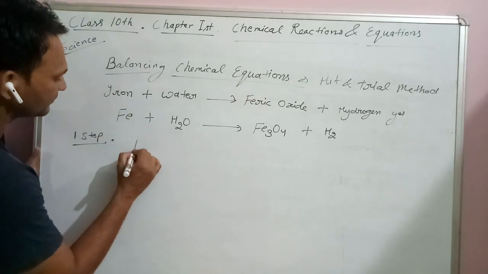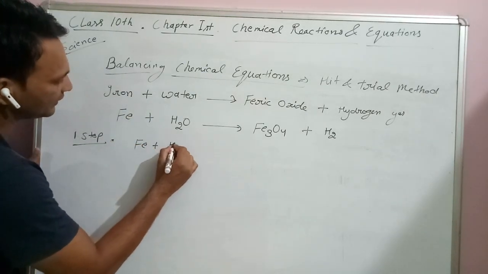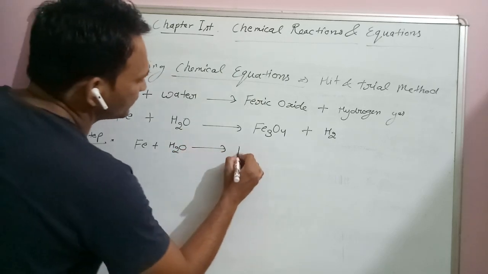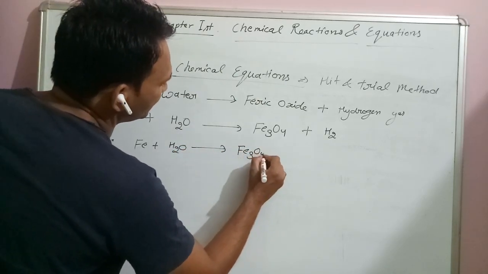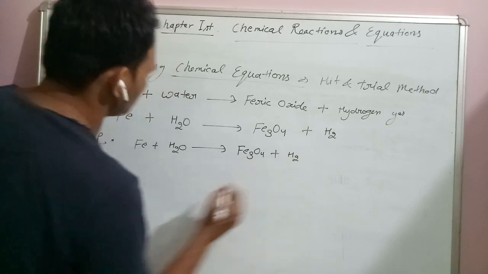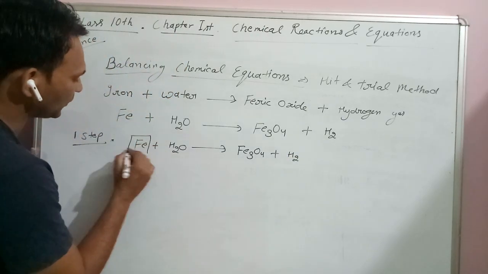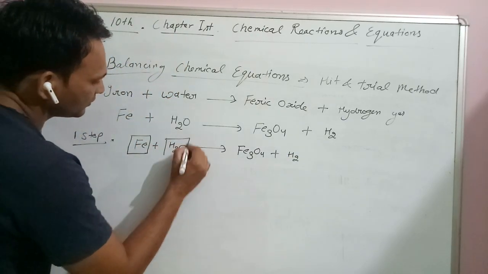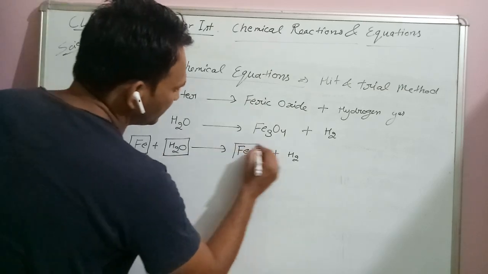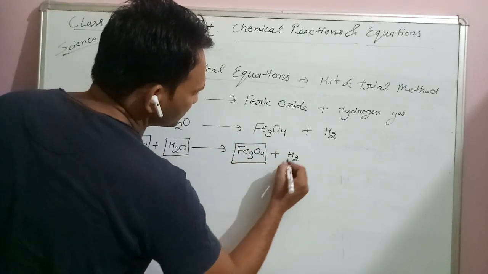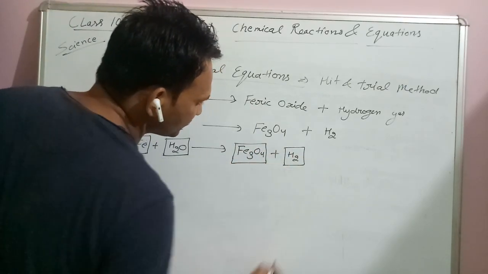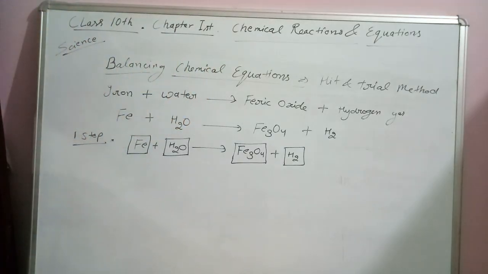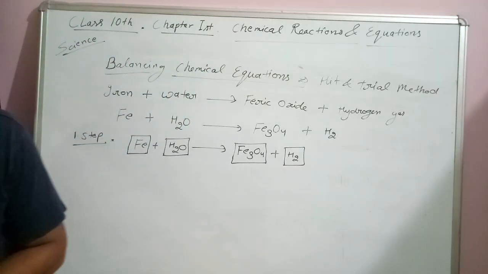The reaction is Fe plus H2O gives Fe3O4 plus H2. So we draw the boxes over each formula of the molecules or elements present in the chemical equation.